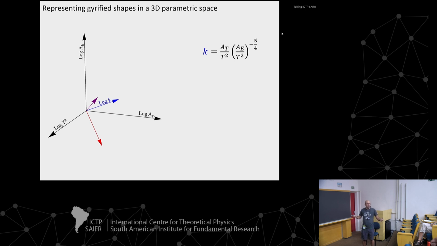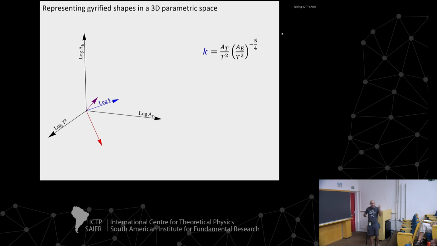Two what? Millimeters, meters, light years, doesn't matter. K is the same. So if I isometrically grow my object or shrink it, K doesn't change. It doesn't know the size of this object. It's completely insensitive to the size of the object, right?